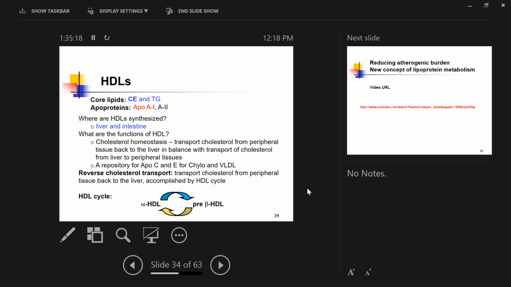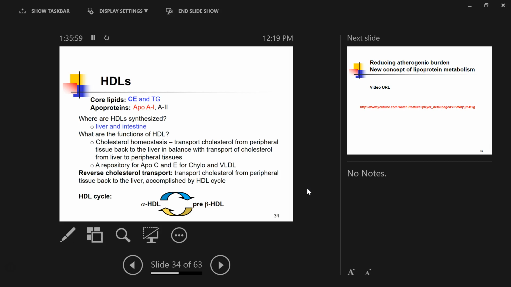So what are the functions of HDL? HDL is considered good cholesterol, meaning it does something good for our body. What HDL does is help keep cholesterol homeostasis. Basically, HDL transports cholesterol from peripheral tissue back to the liver, which balances the transport of cholesterol from the liver to peripheral tissue.